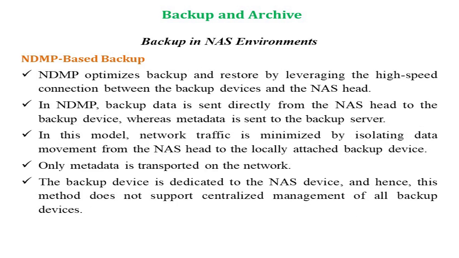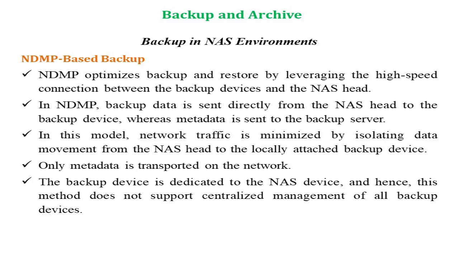NDMP optimizes backup and restore by leveraging the high-speed connection between backup devices and the NAS head. In NDMP, backup data is directly sent from the NAS head to the backup device, while metadata is sent to the backup server. In this model, network traffic is minimized by isolating data movement from the NAS head to the locally attached backup device.